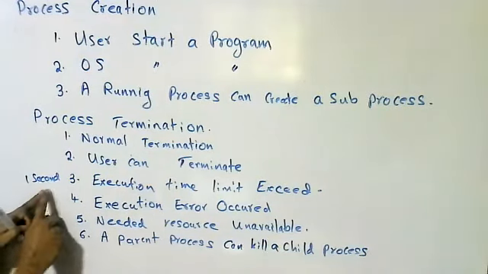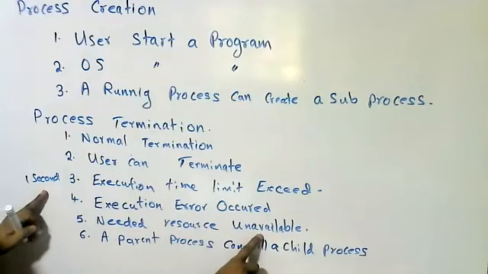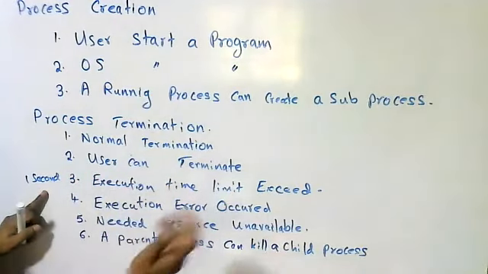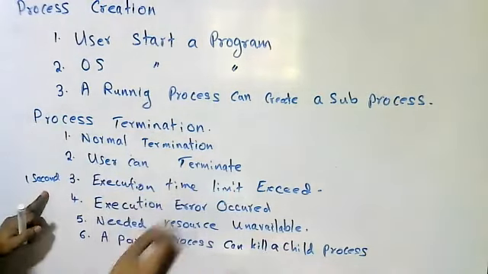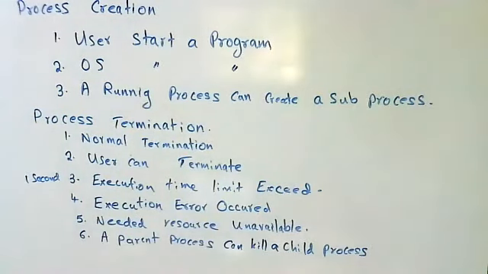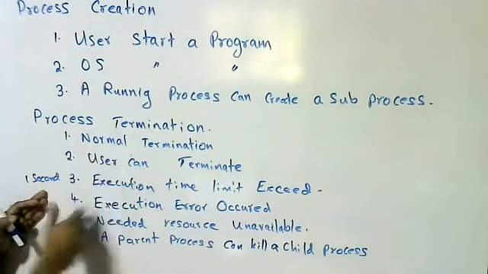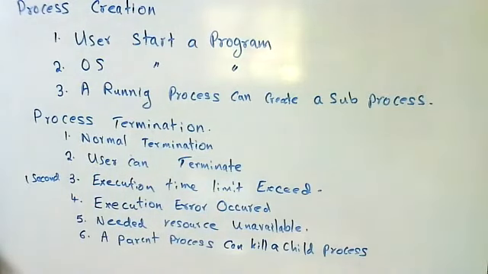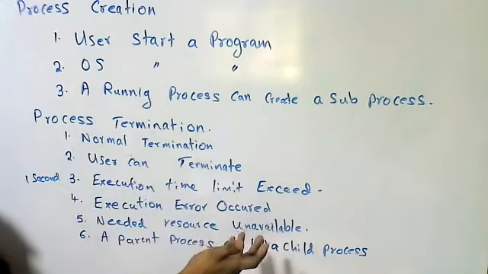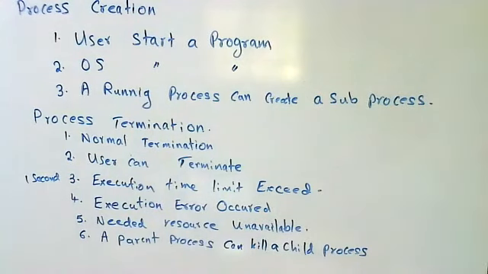Sometimes this may happen: it needs a resource, but the resource is unavailable. So the process has to wait until it gets that needed resource. So the execution time limit is exceeded. At that point, the operating system can terminate that process, because it is an obstacle to continuing other processes, since one process is always waiting in the RAM. The execution time limit has also been exceeded, so the operating system can terminate it. Clear?